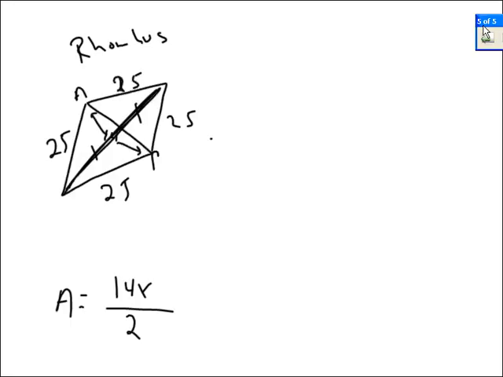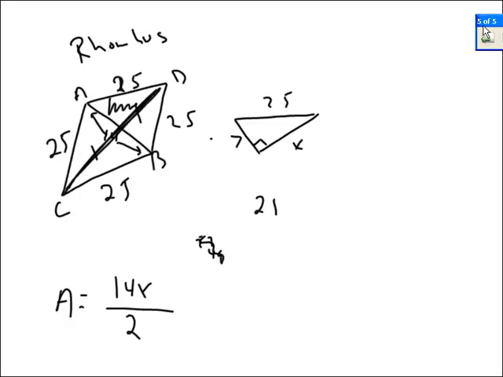AB cut diagonal CD or bisected diagonal BC. Okay, so basically, let's look at this triangle here. So right triangle, this is 25 and that's 7. Okay, and we'll call this x.